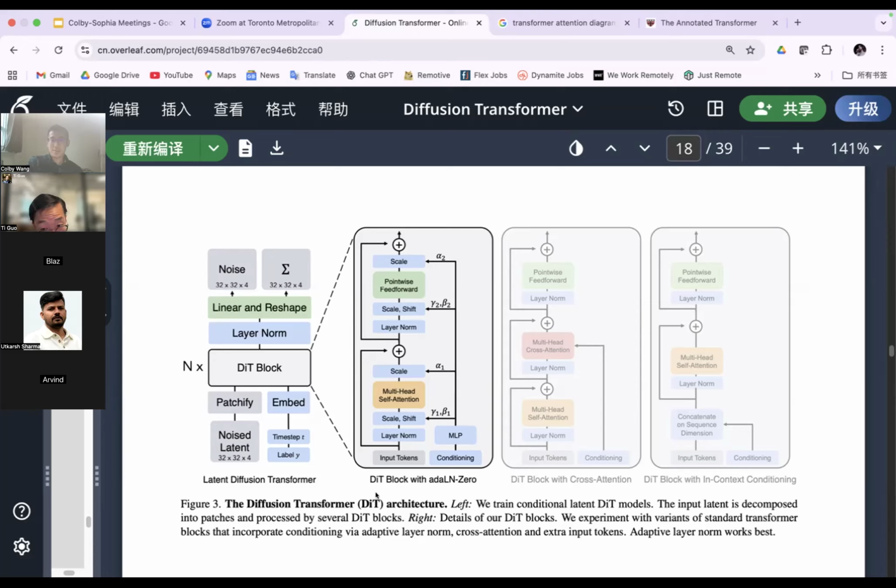For example, instead of doing all kinds of complex gamma, beta, alpha, why not just treat the text as tokens too? Remember that patchify gives just a bunch of tokens, so I can put a text token at the end.